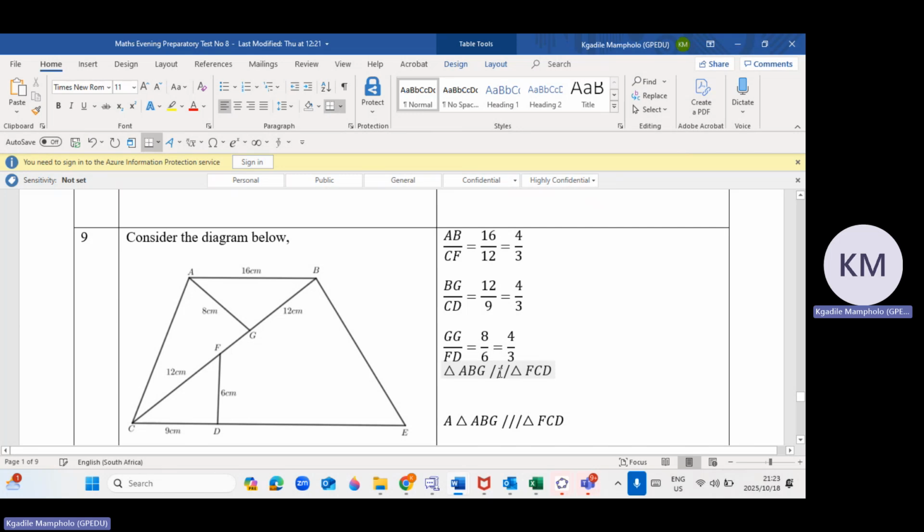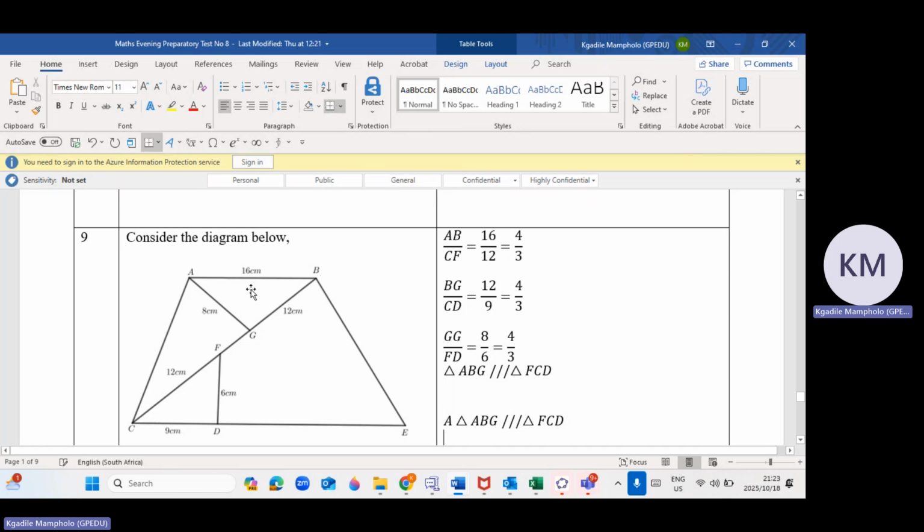It means that when you divide the sides, you get the same answer, so you say the two triangles are proportional. If the two triangles are proportional, then those triangles are similar. And if they are similar, the angles opposite to the sides that you divided together are also equal.